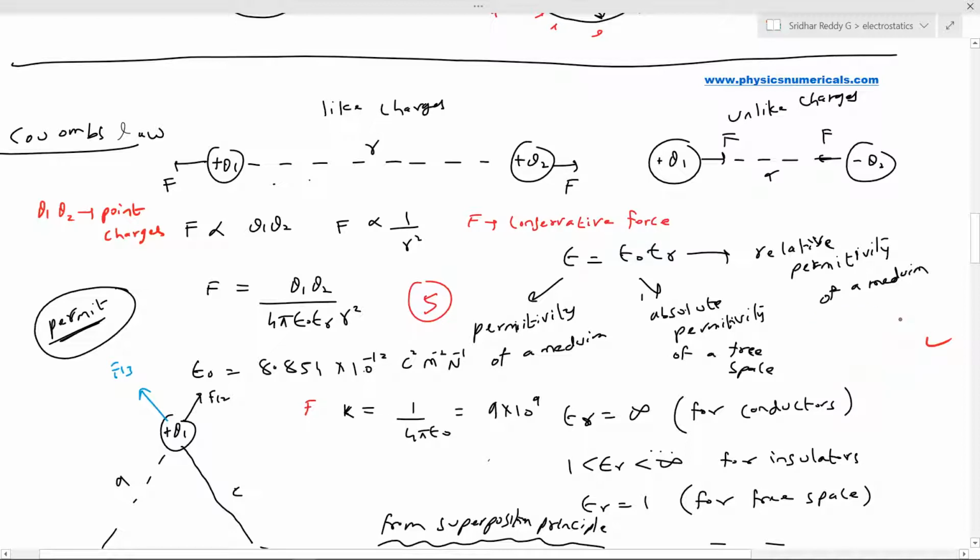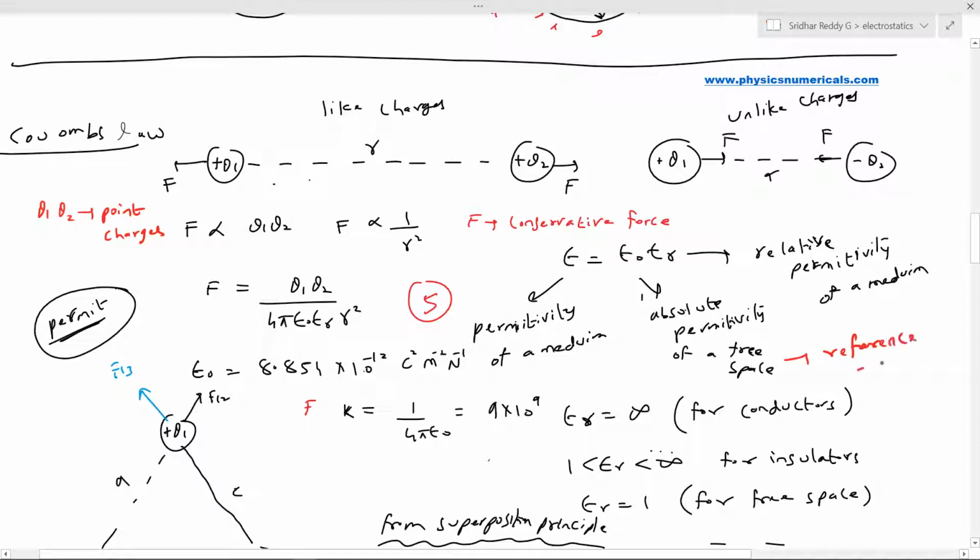The idea is like this: suppose some liquid, some oil, has a relative permittivity of say 3.2. What do you mean by that? The permittivity of that medium is 3.2 times the absolute permittivity. So the free space becomes the reference to measure permittivity.